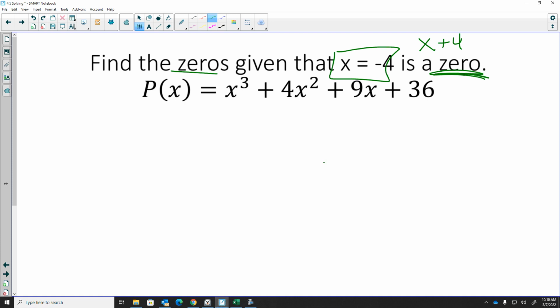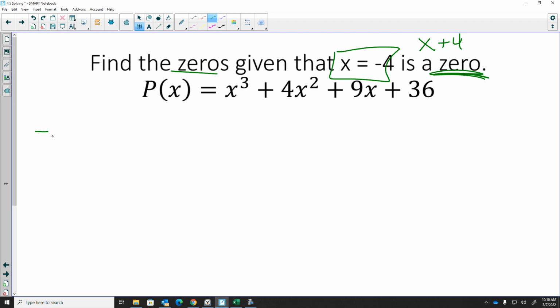So we're still going to start by dividing. But what number am I going to put in the synthetic division thing? -4. It already did it for me. It's as if it's given me a factor of x plus 4, and it already flipped it for me. Okay, does this make a little bit of sense? So then we just dive right in with the number that it gave me, -4.